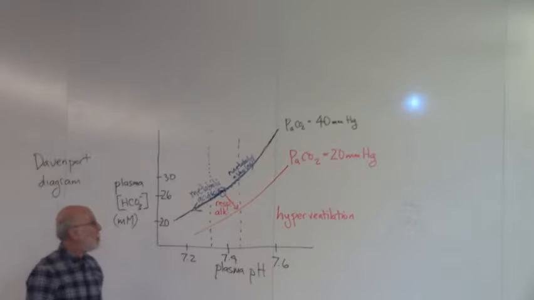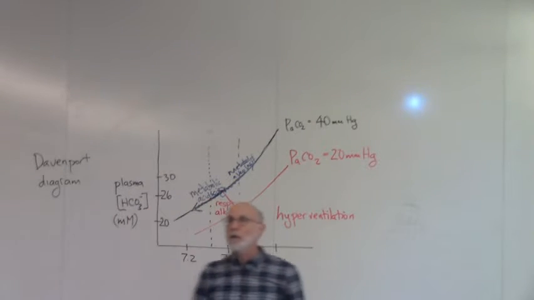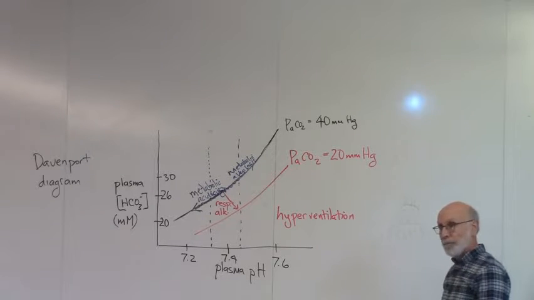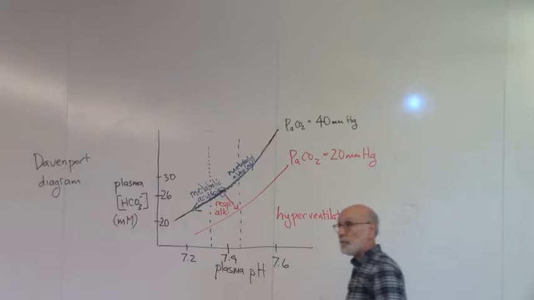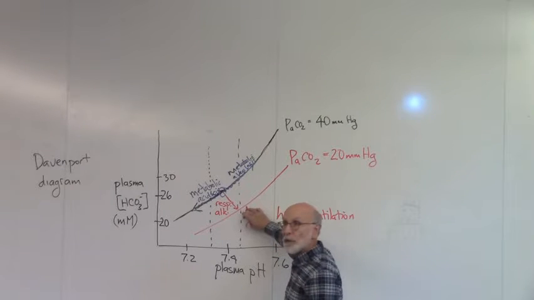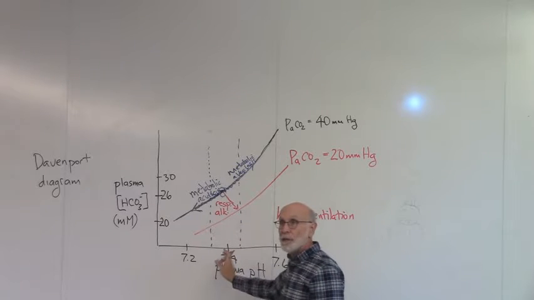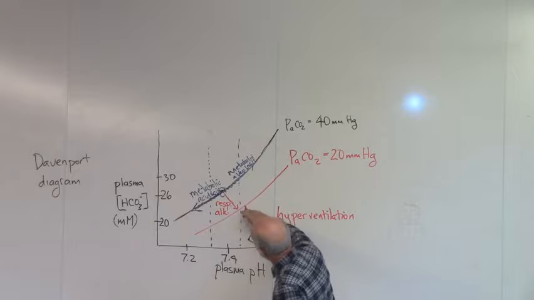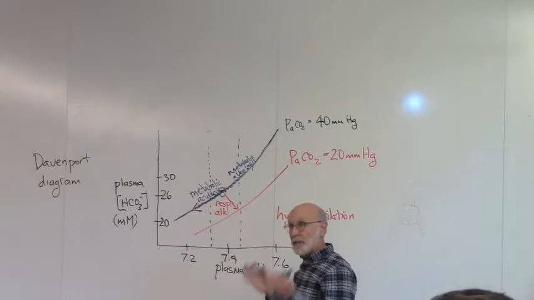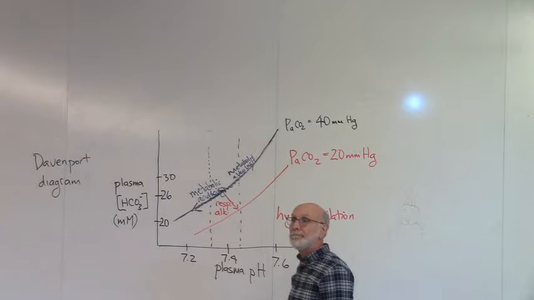Now, what would be the body's response to hyperventilation? Well, does it like being up here at 7.45 or whatever it is? No, it needs to be closer to 7.4. The way I've drawn it, it's still within the normal range, so the response is not going to be extreme, but 7.4 is the set point.